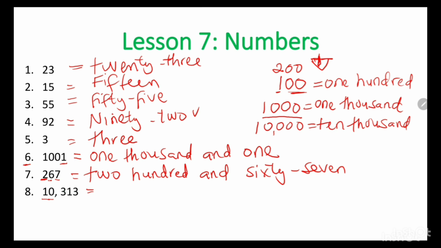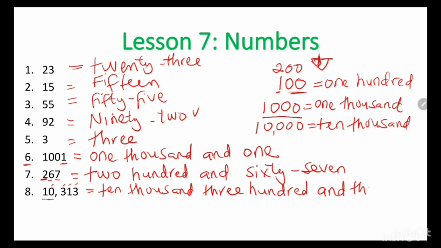Because we have 1, 2, 3, 4 digits. All right, so we're going to start reading this number as what? 10,000, 300 and 13. Okay, perfect. Let's move on.